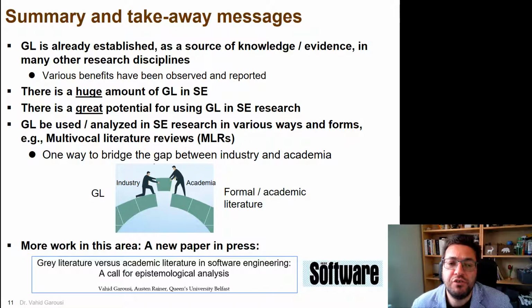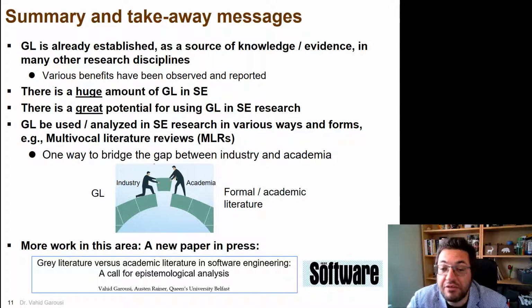There's a huge amount of GL in software engineering. There are thousands and perhaps hundreds of thousands or millions of blogs and white papers, and thousands or hundreds of thousands of very high quality YouTube videos on different software engineering aspects. All these things provide a huge wealth of knowledge, and grey literature can be analyzed in various ways in our area.